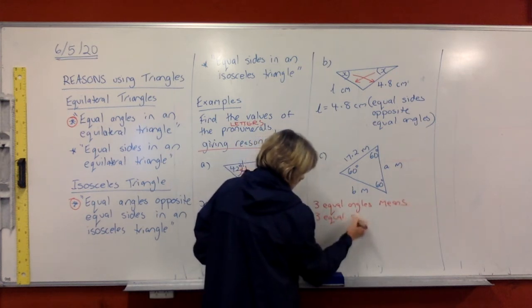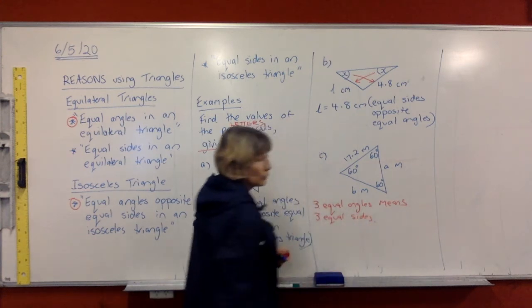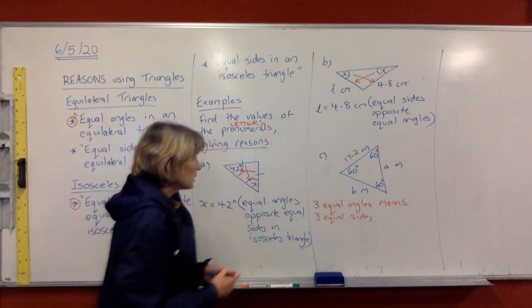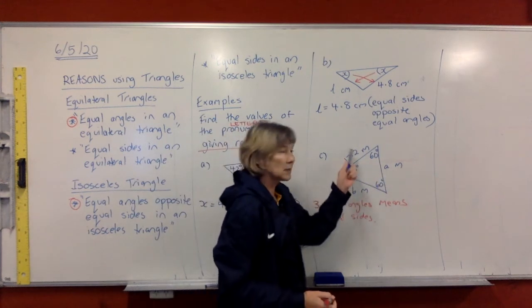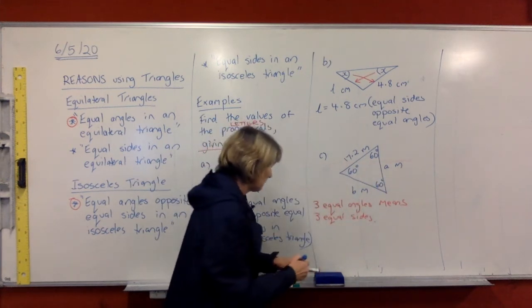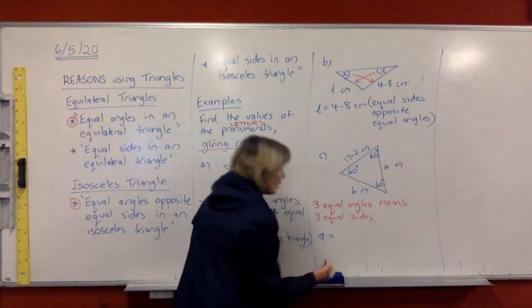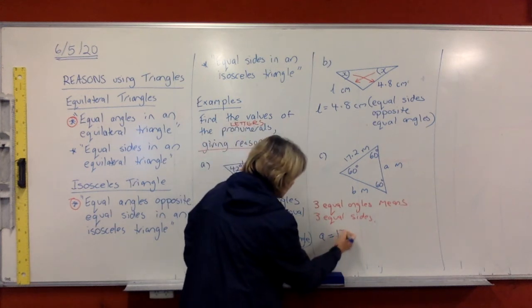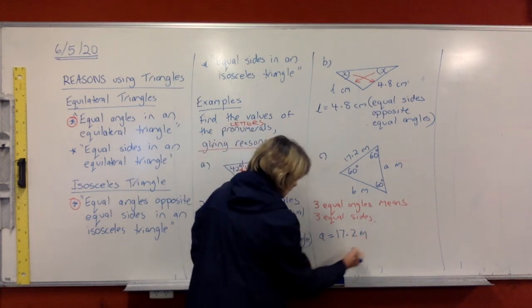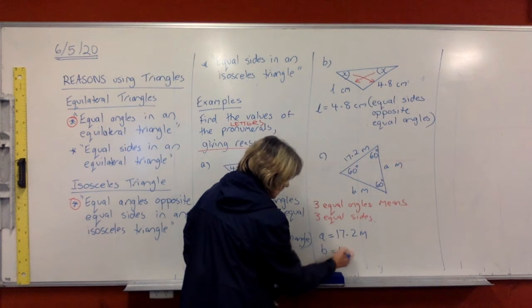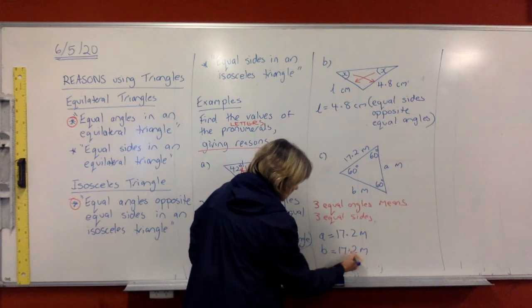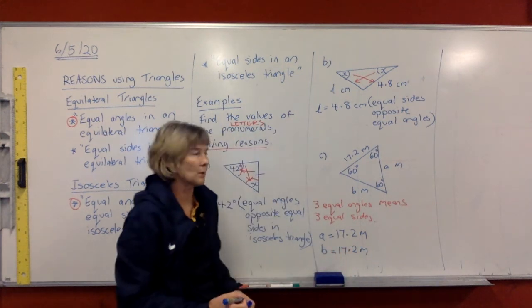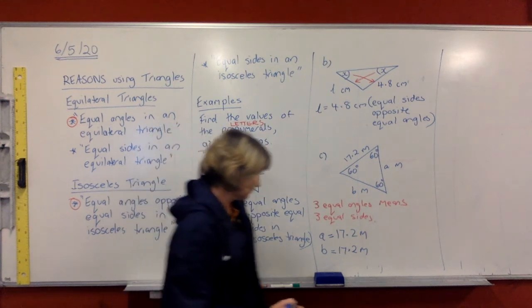Okay, so that means that A, B and 17.2 all have to be the same. So we'll do them one at a time. A is going to equal 17.2 metres. And we know that B is also going to equal 17.2 metres. And the reason for both of them is going to be the same.